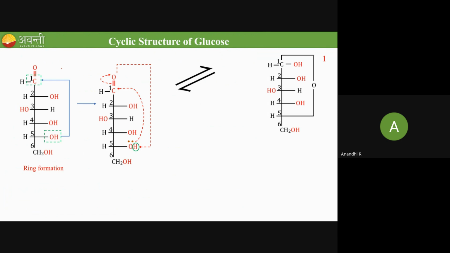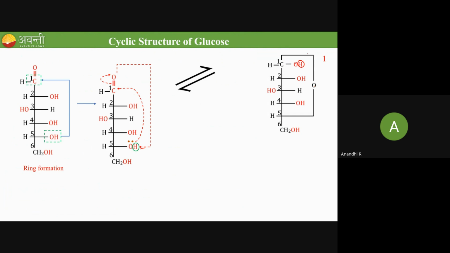So basically we get two forms. The first structure looks like this. There is a ring formation happening. The first carbon is forming a bond with the fifth carbon's oxygen, and this oxygen attached to the first carbon has taken this hydrogen.